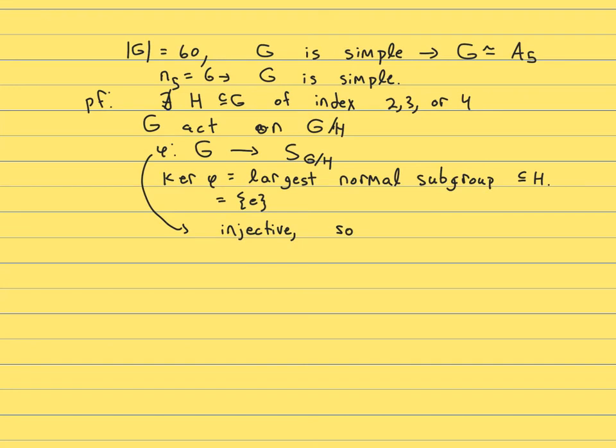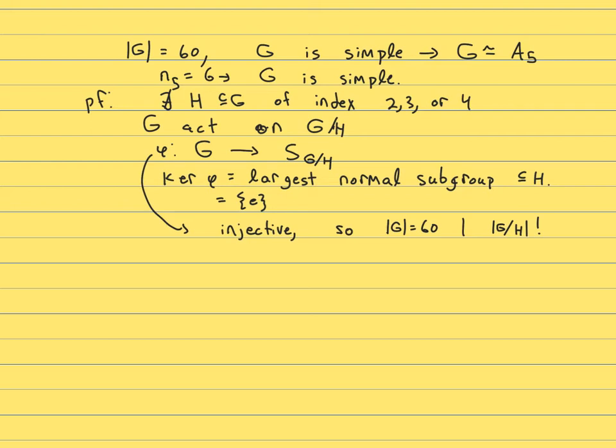So phi of G is isomorphic to a subgroup over here, and in particular, the order of G, which is 60, has to divide the factorial of the index of H in G. But 1, 2, 3, and 4 factorial are not divisible by 60.